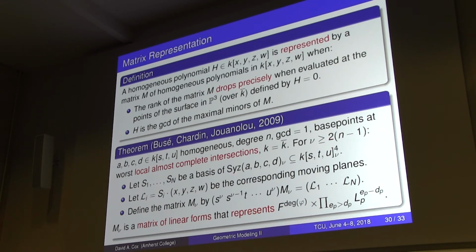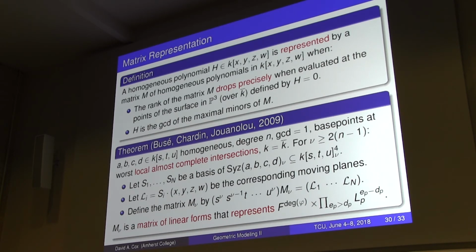Then I look at syzygies in that degree, and I pick a basis. In this case, they're basically 4-tuples of polynomials of degree nu, and then I take the dot product and turn them into moving planes. So I get a bunch of moving planes, capital N of them.